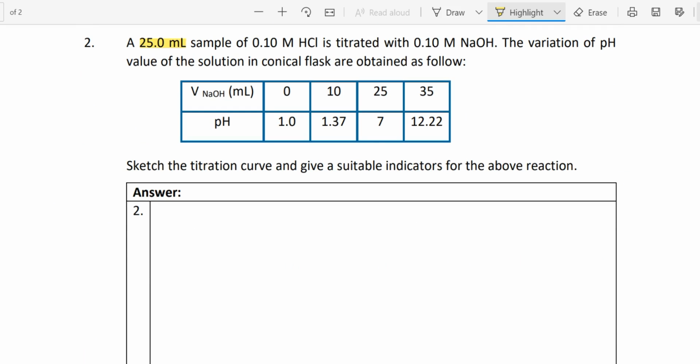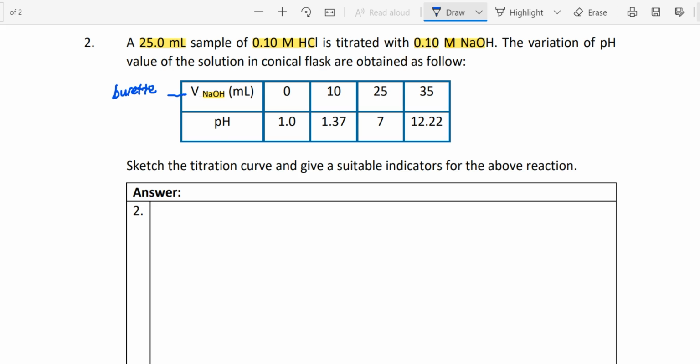25 ml of 0.1 molar HCl is titrated with 0.1 molar NaOH. The variation of pH values of the solution in the conical flask is obtained as follows. This refers to the volume of NaOH added, which means NaOH is placed in the burette.